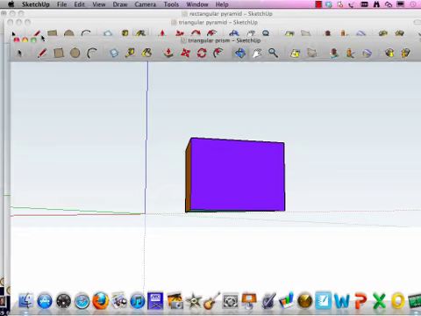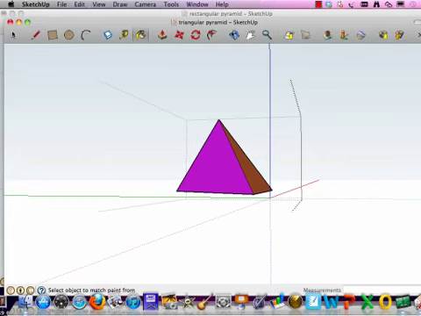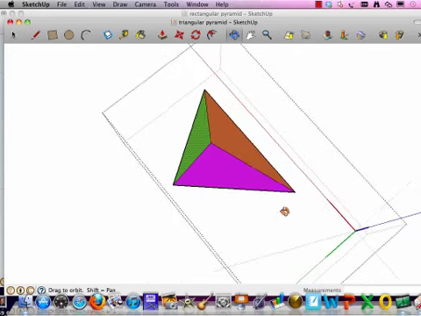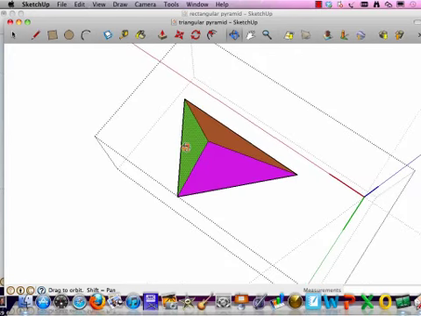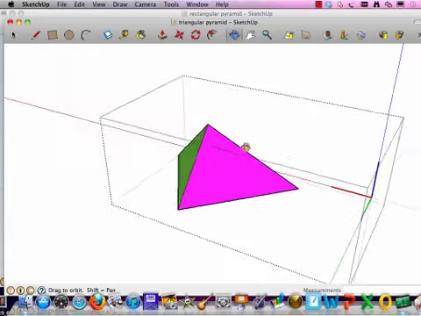If we go on and talk about the triangular pyramid, the difference between the prism and the pyramid is the pyramid has a base, but the top is just a point, so everything comes to a point at the top. And so you can see that I've got that, and all of the faces on here are triangular shaped.